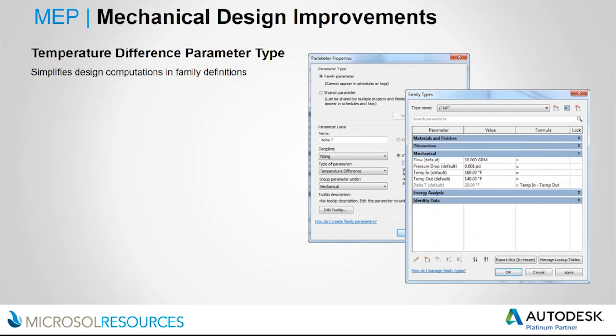We also have the temperature difference parameter type, which is a new data type that we can apply, which can then be put into things like schedules. Now that we have that as a parameter, we can do things like automatically color fill our ductwork based upon that parameter, and so you get better analytical properties and analytical fallout from that kind of stuff.